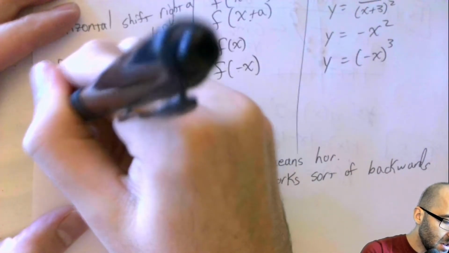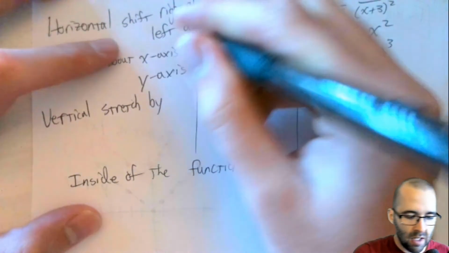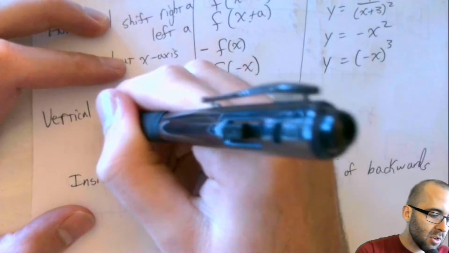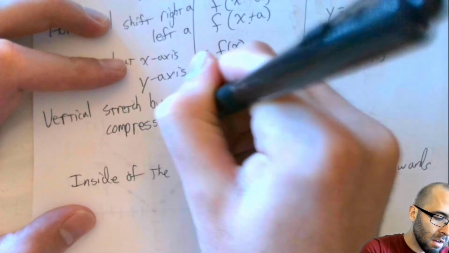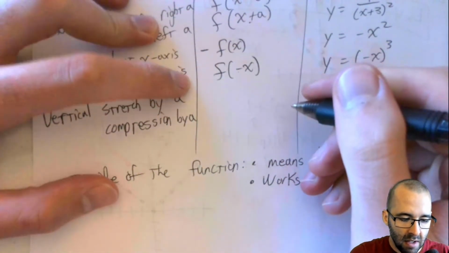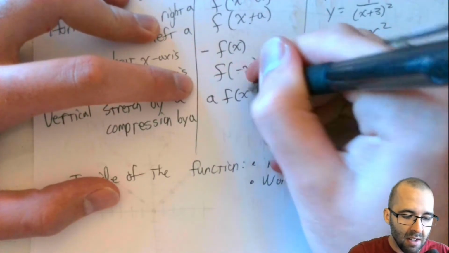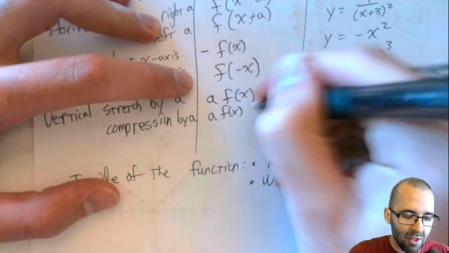So vertical stretch by A and vertical compression by A are going to be our next two. It's sort of the same thing: either way, it's multiplying on the outside of the function.